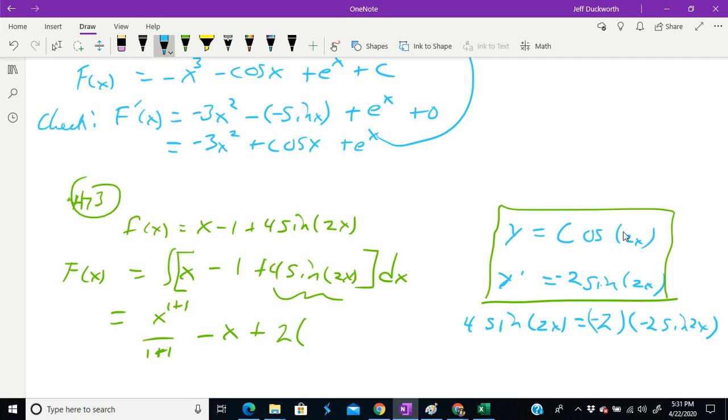Okay? So the integral of 4 sine of 2x equals the integral of, I'll put the negative 2 out here, it doesn't matter, negative 2 sine of 2x. Which equals negative 2, and we already know that goes to just cosine of 2x. So that's what's going to go on over there.